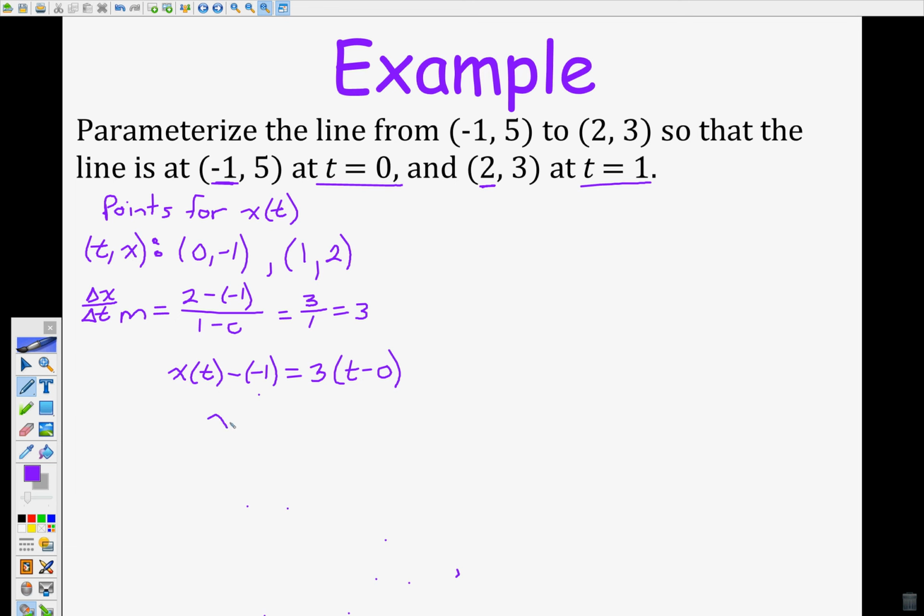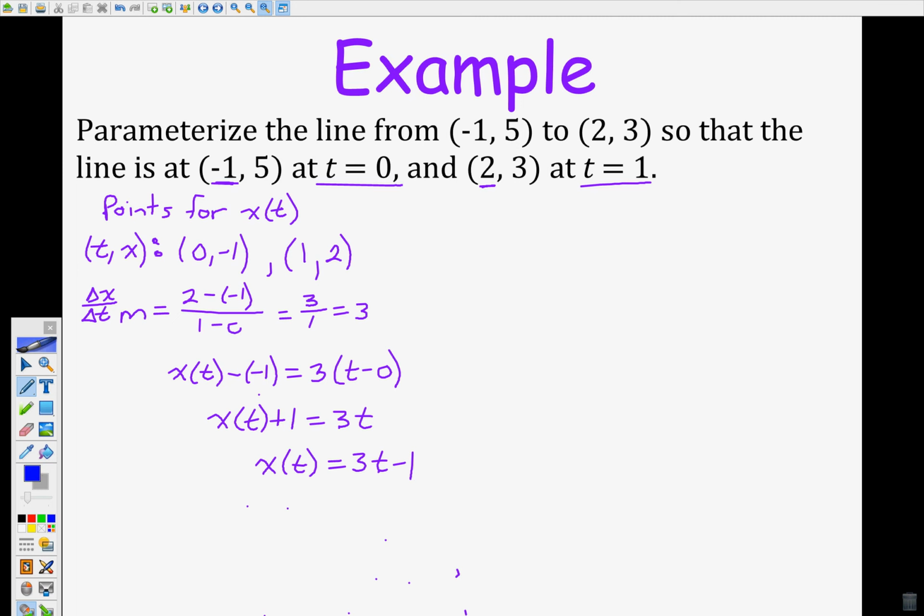So that gives me x of t plus 1 is equal to 3t, or in other words, x of t is equal to 3t minus 1. So that is what is happening to my x values over time.